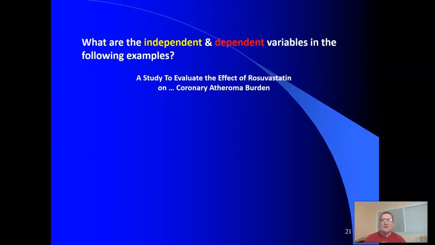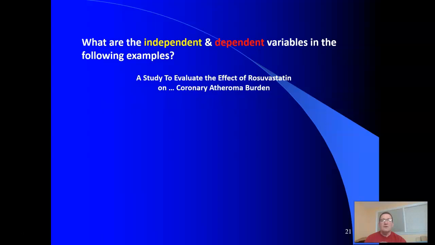I got these off Web of Science, I believe. A study to evaluate the effect of rosuvastatin, hope I'm saying it right, on coronary atheroma burden. Okay, so a study to evaluate the effect of that drug on this cardiac outcome. And I hope it's pretty clear to you.